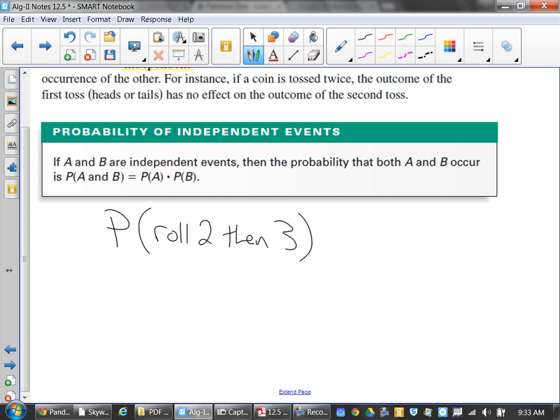What's the probability of rolling a 2? What's the probability of rolling a 3? Therefore, the probability of rolling a 2, then rolling a 3 would be? It's kind of the same idea as when you were working with 3 minus 2, 3 plus 2.